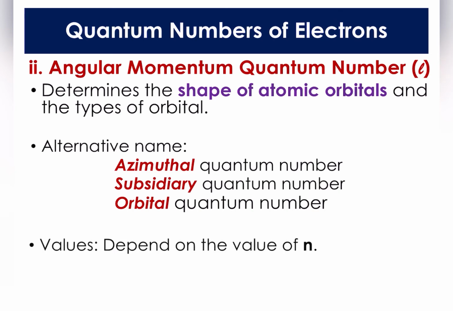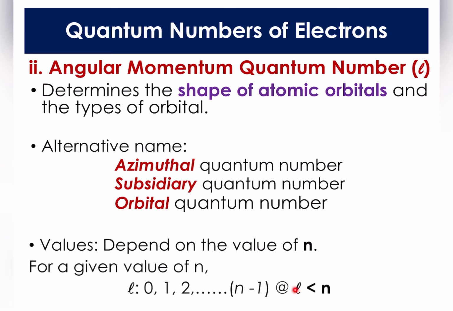And the next one, you have to know that L value depends on value of n. So sekiranya awak punya n value ada nilai dia, maknanya awak boleh tentukan nilai untuk L. So how to do that? So for a given value of n, L must be less than n.